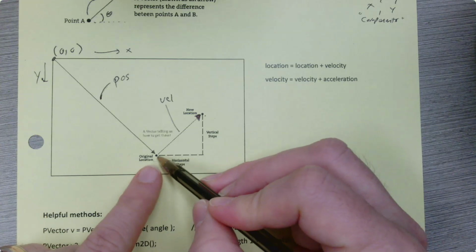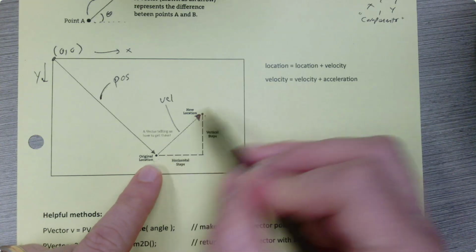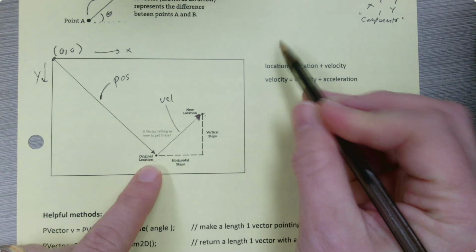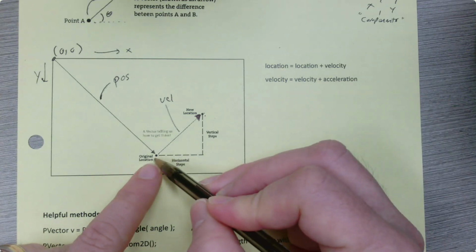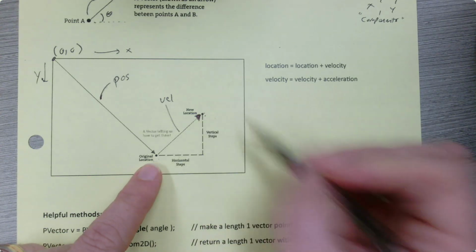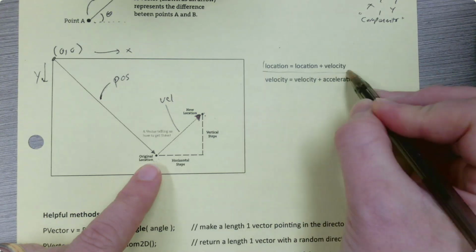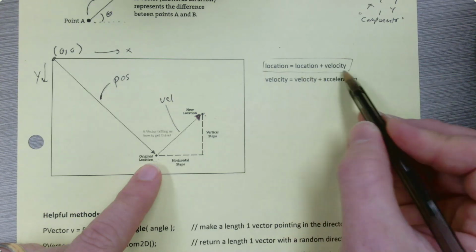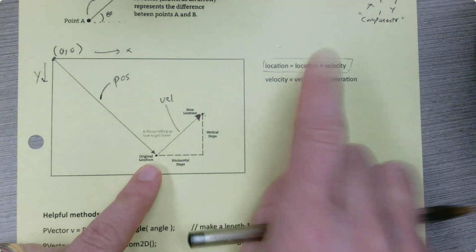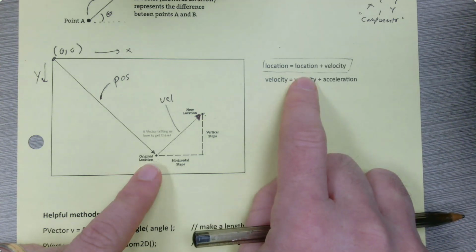So if this is time 0, in time 1 we're going to be here, and in time 2 we're going to be here, and in time 3 we're going to be here. So our particle is going to change its position based on this vector every single step. That's this step here, saying location equals location plus velocity. I should have said position here. That's us just changing our position based on our speed.